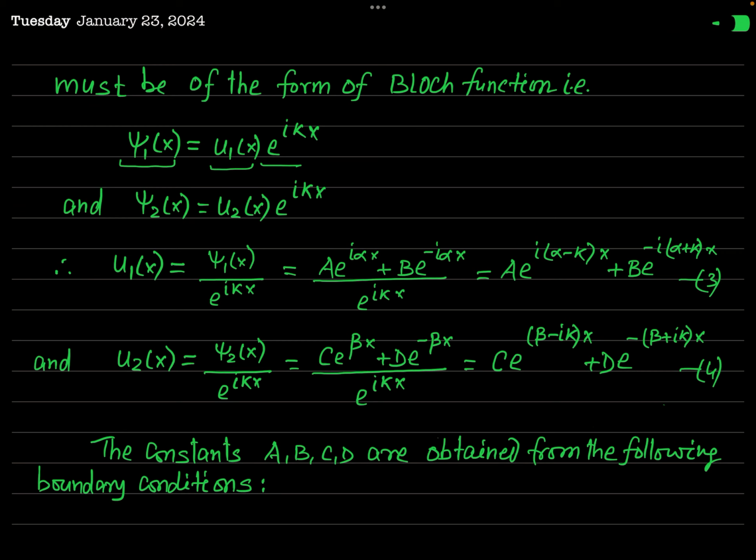In a similar manner, you can write the solution of the second equation in terms of the Bloch function, and that will be psi 2 of x equal to u2 of x times e to the power ikx. Okay? Now from these two equations we can easily obtain expressions for u1 of x and u2 of x. You can see u1 of x will be psi 1 of x over e to the power ikx.